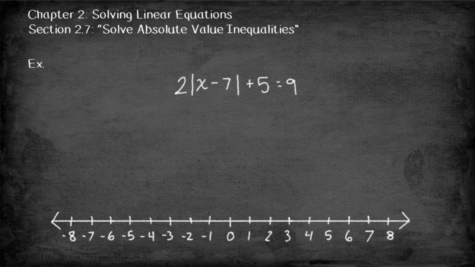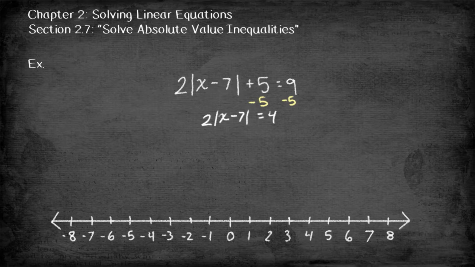So for an example, we have 2 times the absolute value of x minus 7 plus 5 equals 9. I want to get the absolute value expression by itself. So I'm going to subtract 5 from both sides. And that gives me 2 times the absolute value of x minus 7 equals 4.